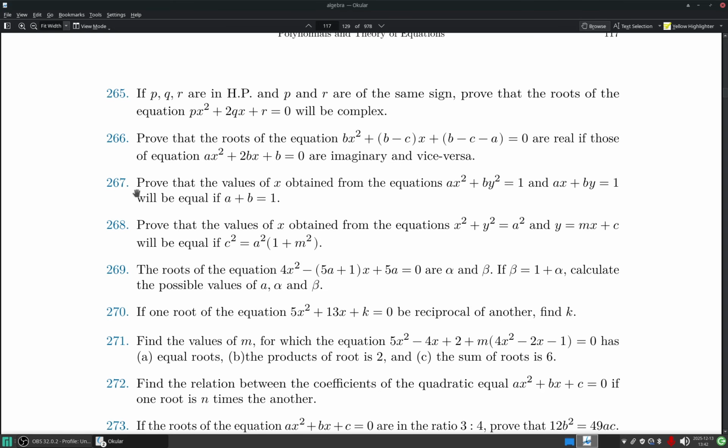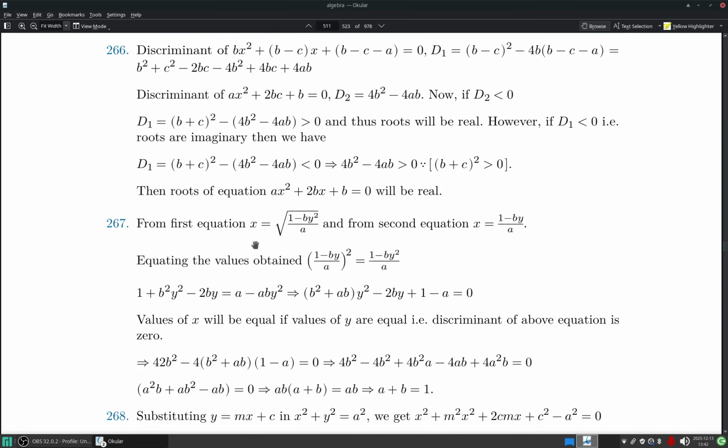Question 267 says, prove that the values of x obtained from the equations ax square plus by square is equal to 1 and ax plus by is equal to 1 will be equal if a plus b is equal to 1. From the first equation we get x is equal to square root of (1 minus by square) by a. From the second equation we get x is equal to (1 minus by) by a.